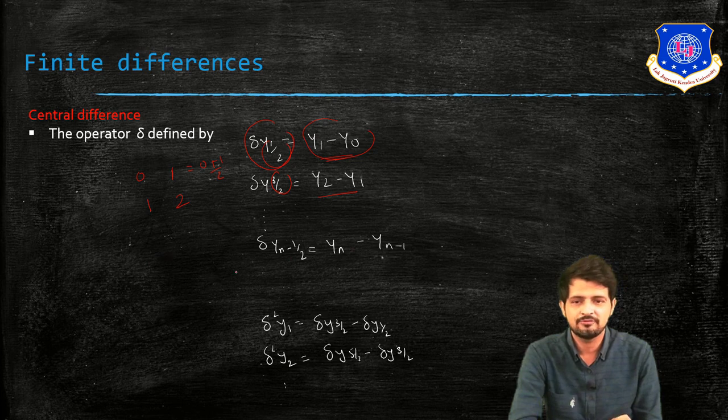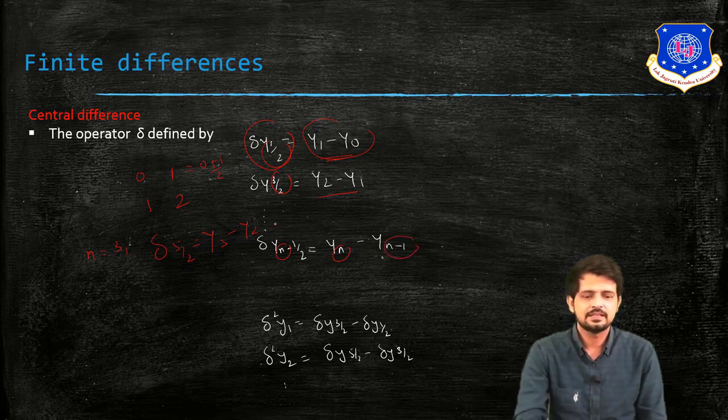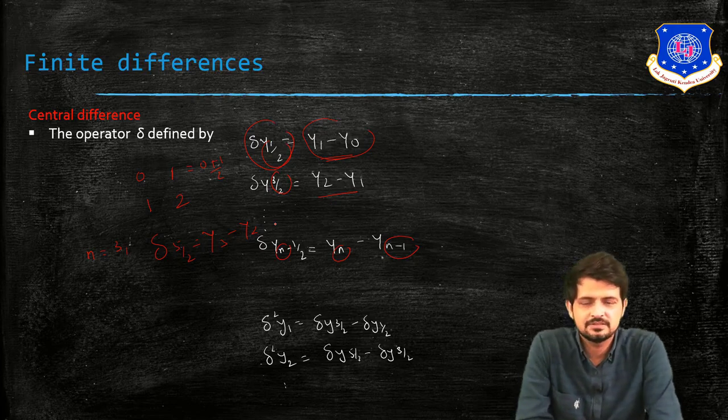For example, if I am placing n is equal to 3 here, then it will be delta y 5 by 2. So it can be written like this, y3 minus y2, because n is equal to 3 and n minus 1 will be 2. So in this way we can write the central differences.